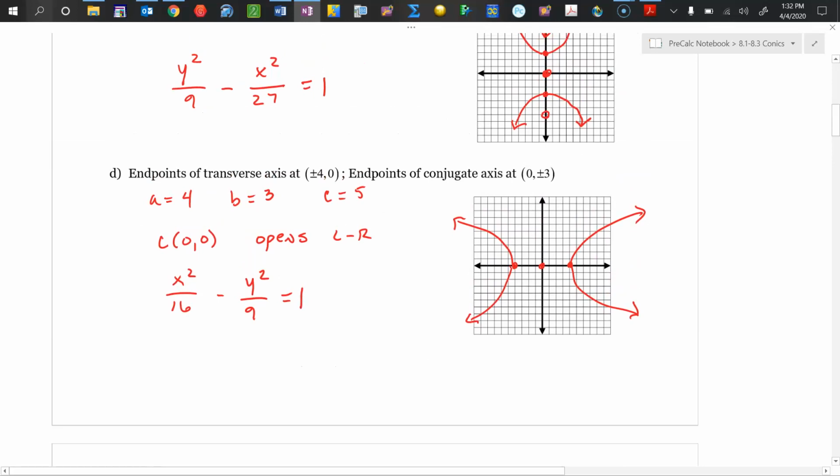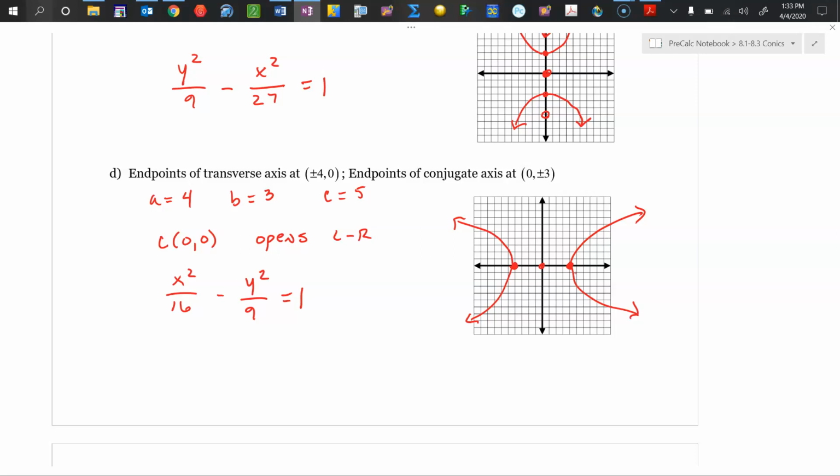All right, so we know that based on the location of the points on the transverse axis that our hyperbola opens left and right. The center is at the origin, so A, the distance from the center to an endpoint of the transverse axis, is 4, B is 3, and C is 5 by the Pythagorean theorem, because A squared plus B squared has to be equal to C squared.